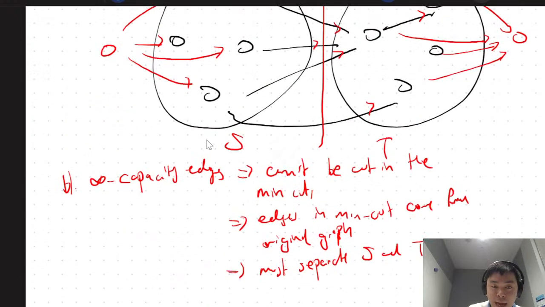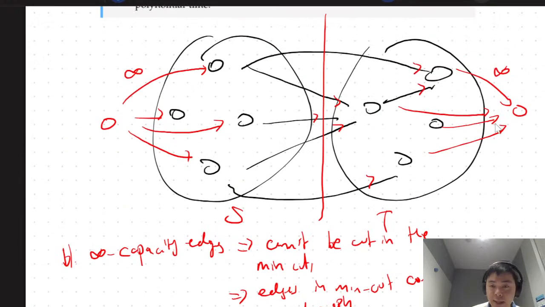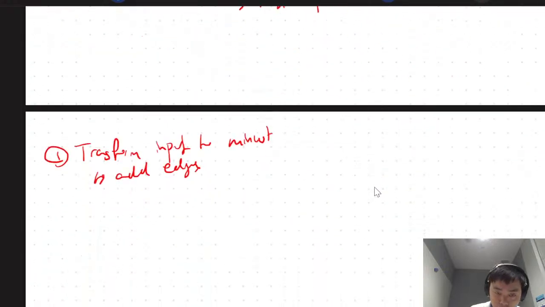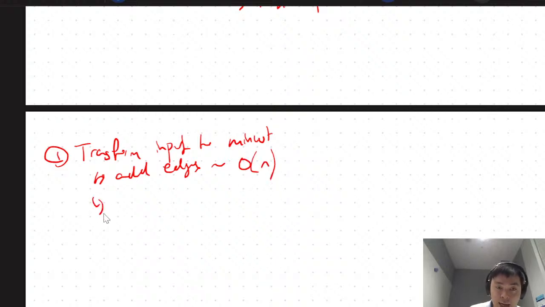And the number of edges we add is at most the number of vertices, so the number of edges is O of n. And though we add weights, each weight can be added in constant time. So in fact, the number of weights that we add is O of n.